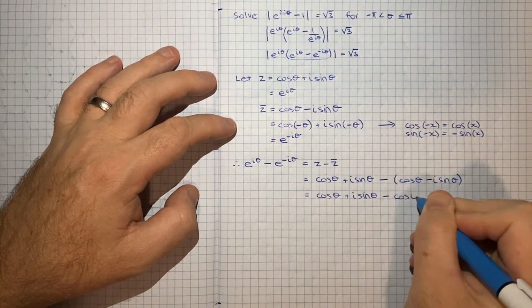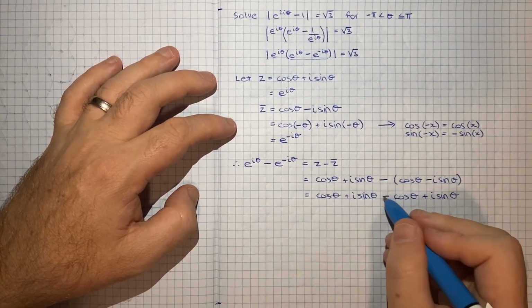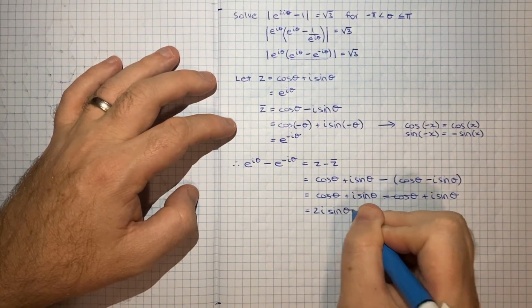The cos thetas disappear, so we end up with 2i sine theta.